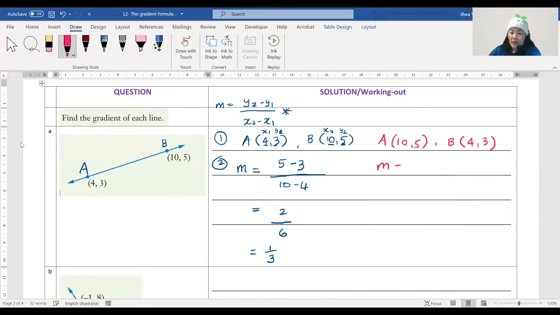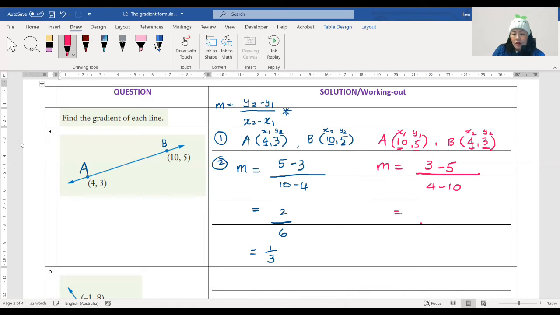All right, I think we will. We have to. So here, it'll be x1, y1, x2, y2. Let's have a look. y2 take away y1, so 3 take away 5, and then x2 take away x1, 4 take away 10.